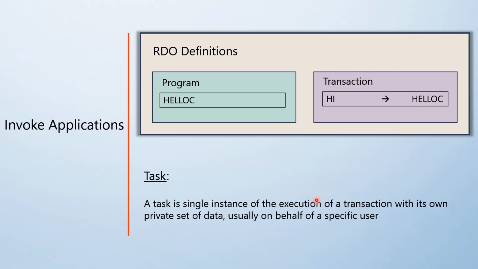And how do you invoke an application inside CICS? For that, you need something called RDO to make it work.